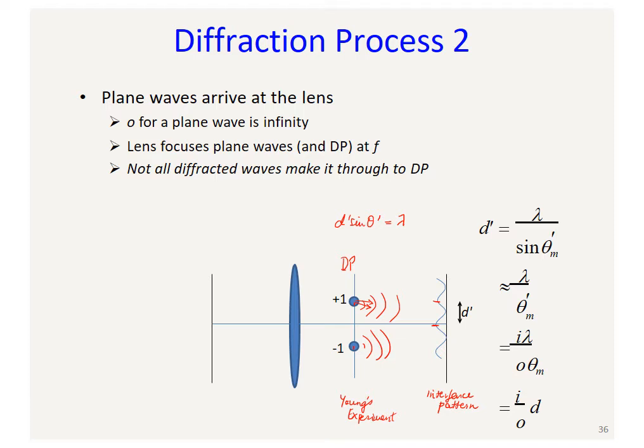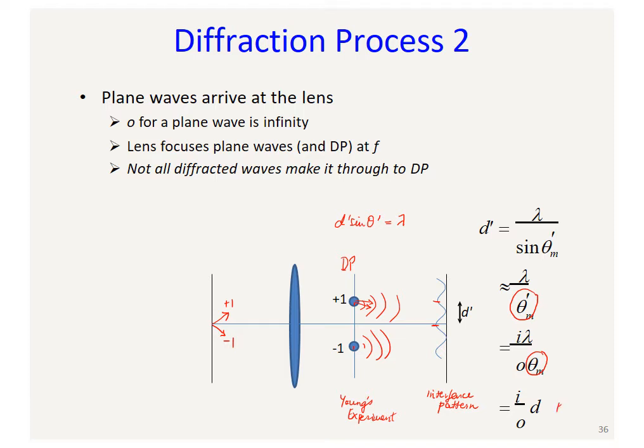If we then compare our angle theta prime with theta from before, that was the angle at which the +1 and -1 diffracted orders were launched.